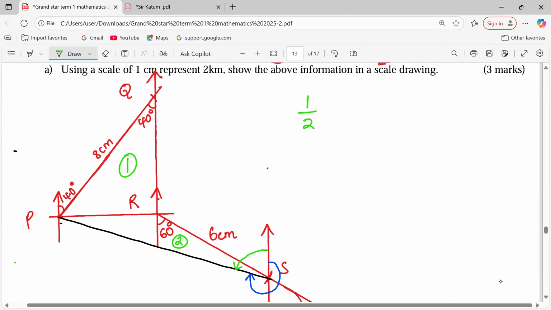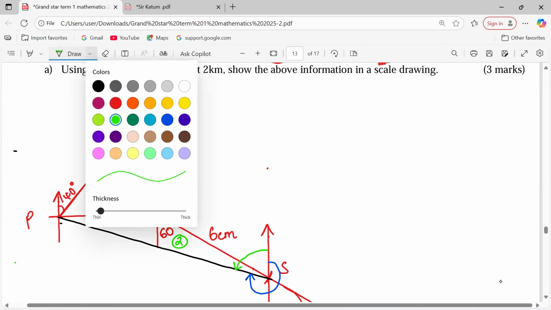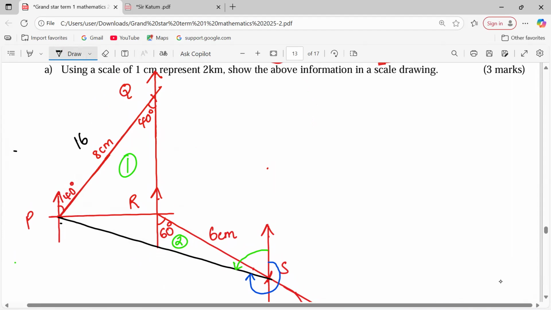I just want to show you a very quick way of establishing the distances here, and I will use a different color. This is already 16. And the height from Q to R shall be, considering the 40 degrees which is up here, cosine 40 equals adjacent length QR out of hypotenuse 16.